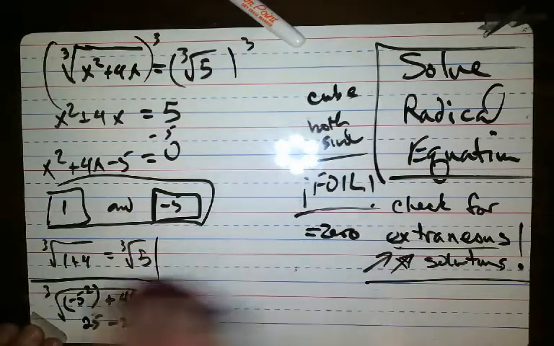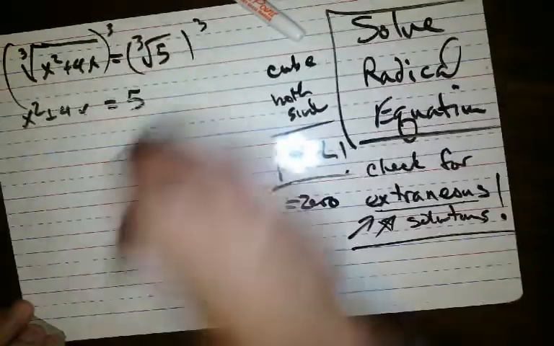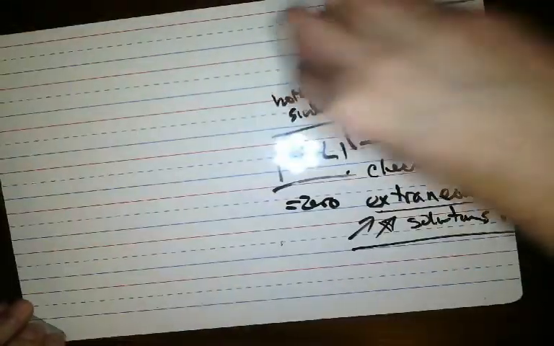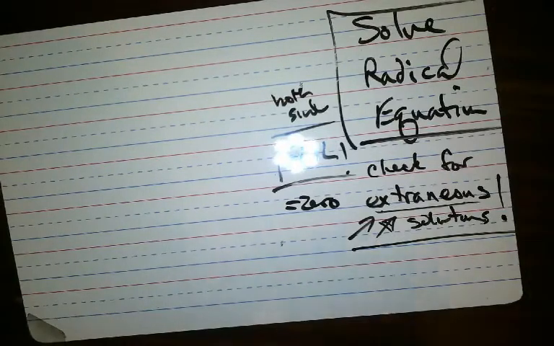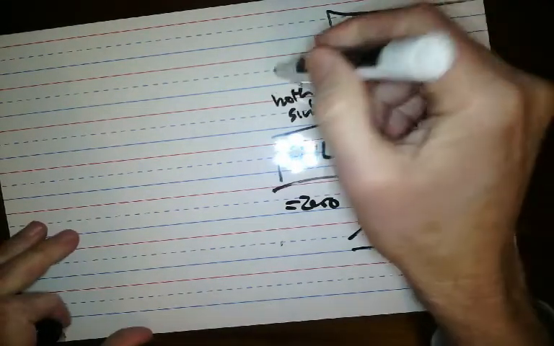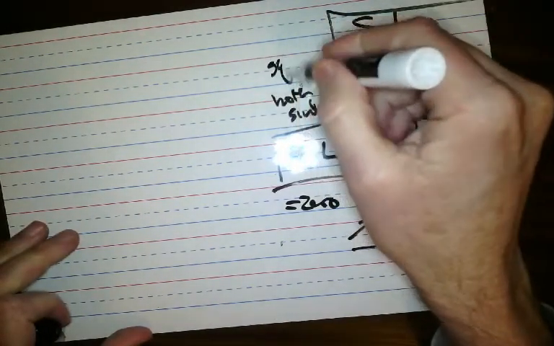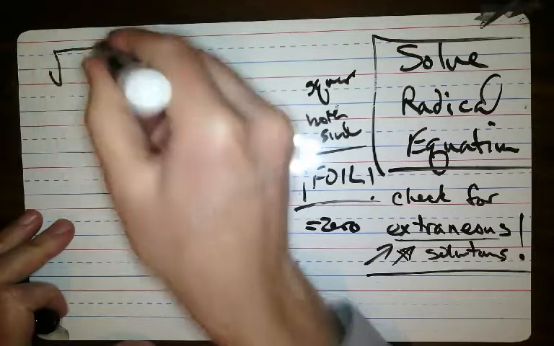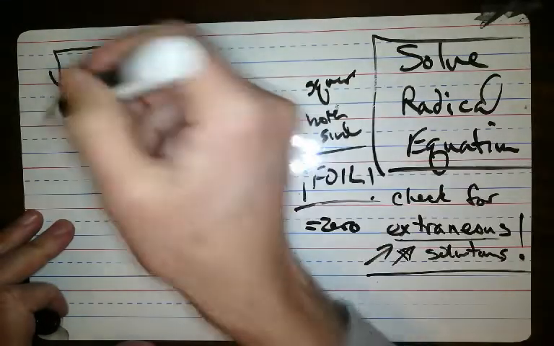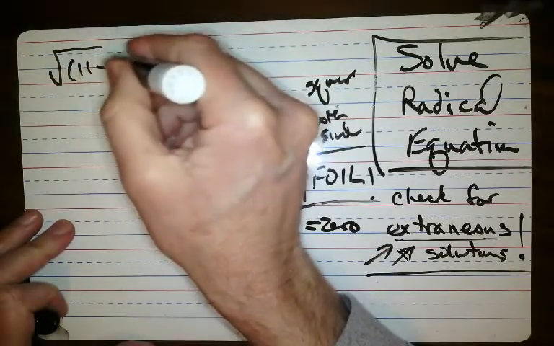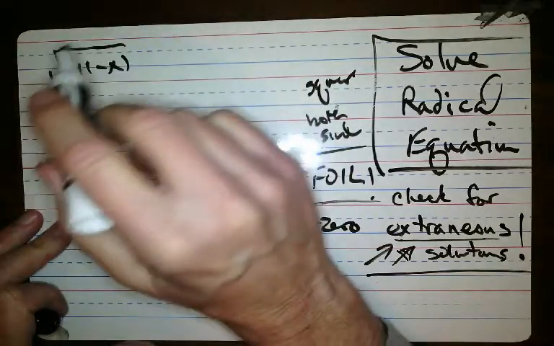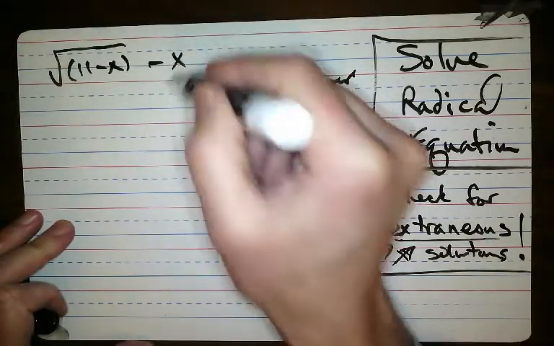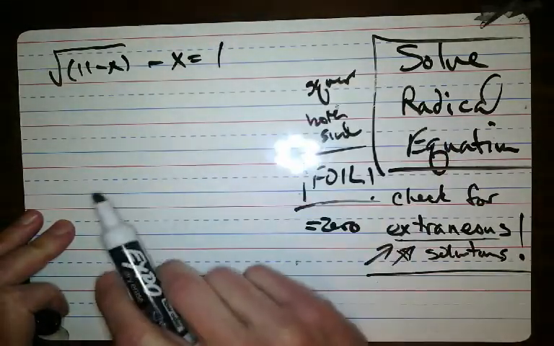Let's do one more. Cubes were easy. Let's do another square root one, just to show you. So what do we have here? This one says the square root of 11 minus x, minus another x equals 1.